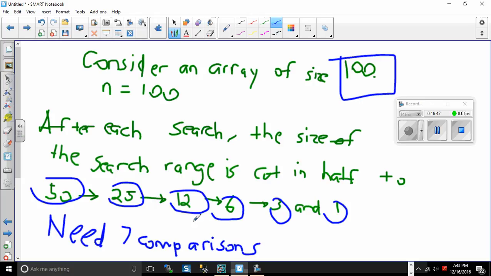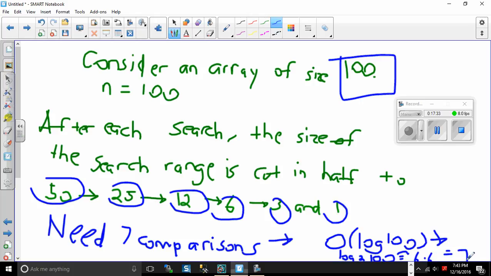So what is O(log n)? Well, Big O log 100, we determined, is found by taking log base 2 of 100, and log base 2 of 100 is approximately 6.6, which rounds up to 7.